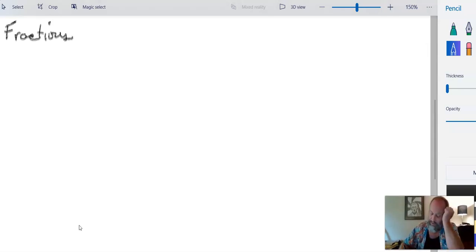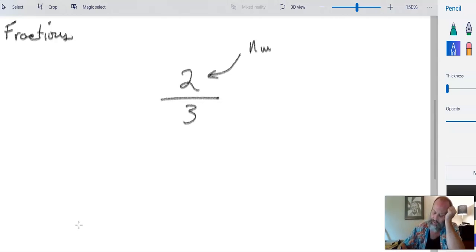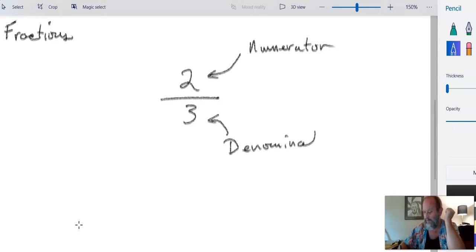Now, first of all, when you look at a fraction, and this is just to make sure we have all our parts named, the thing that's in the top part of this fraction is called the numerator. And this guy down here on the bottom is called the denominator. The denominator tells you what you have.